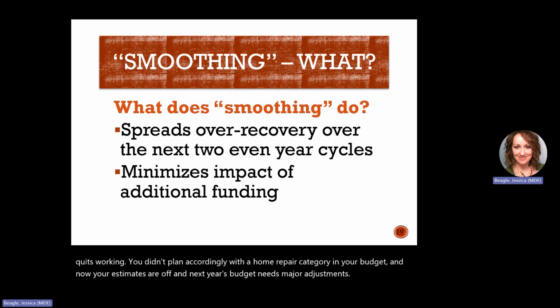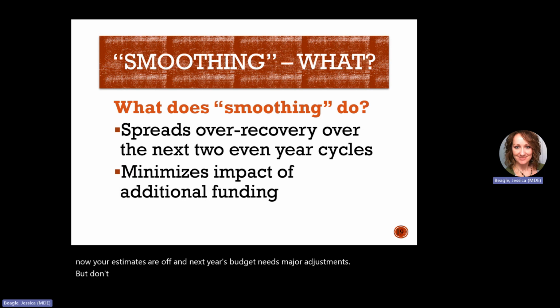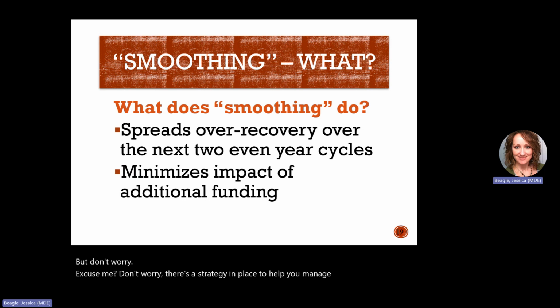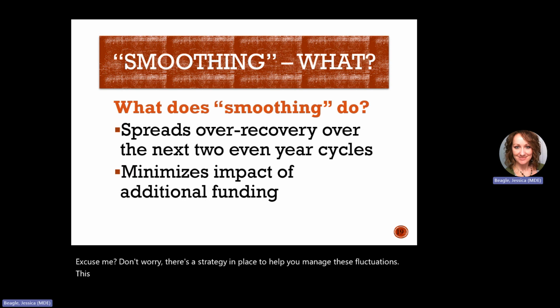But don't worry. There's a strategy in place to help you manage these fluctuations. And this brings us to the concept of smoothing. Smoothing is our way of spreading the over recovery over the next 2-year cycles.